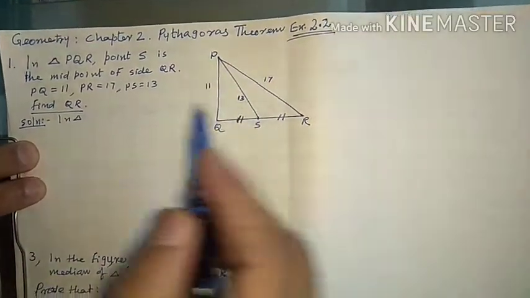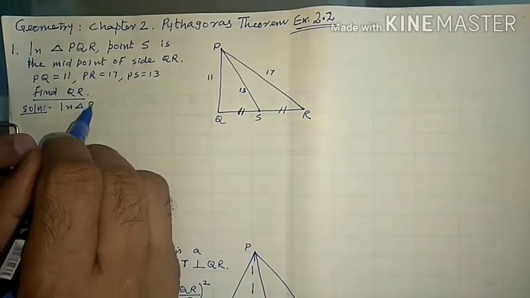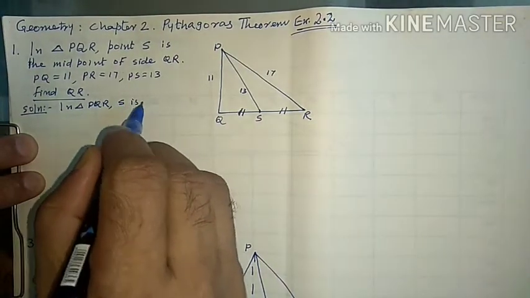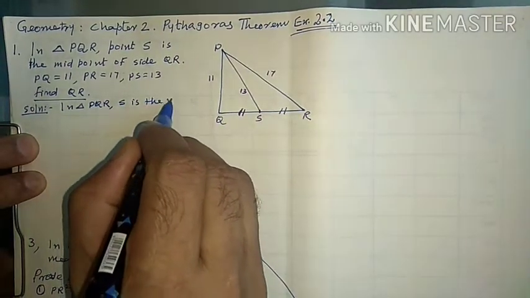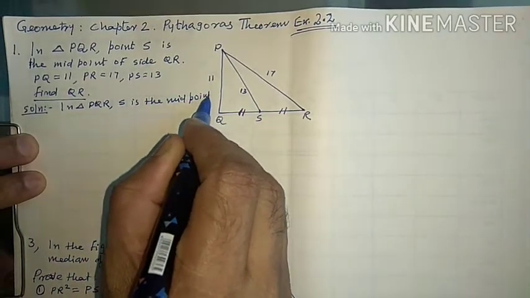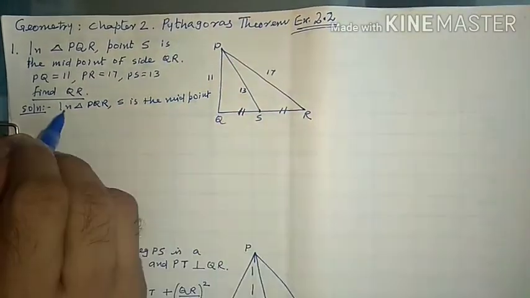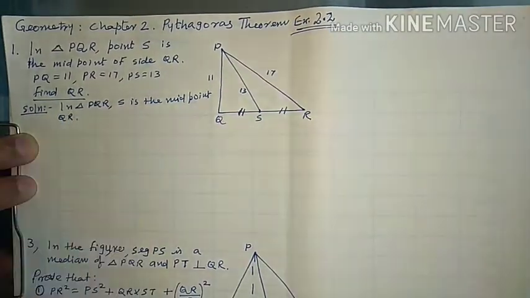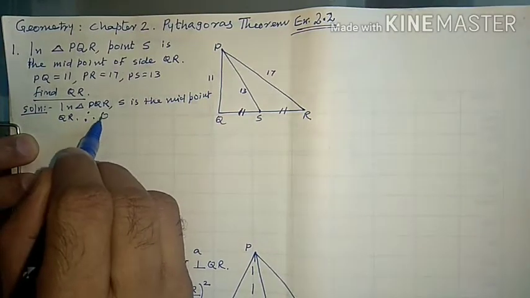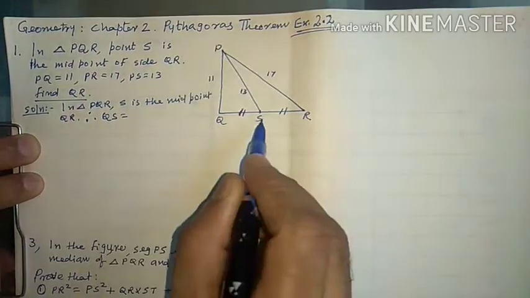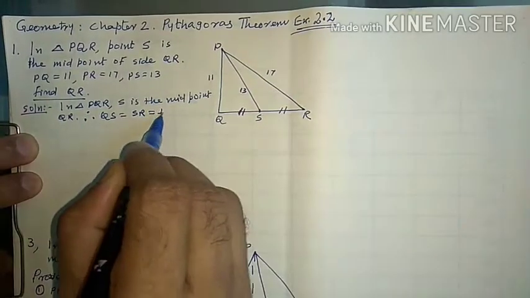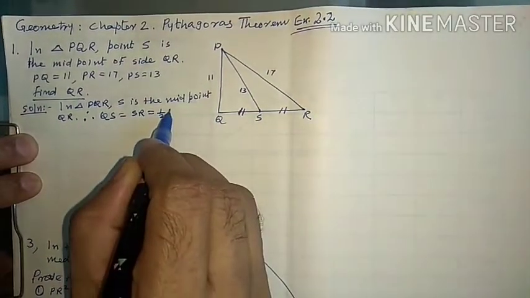In triangle PQR, S is the midpoint of QR. Therefore, QS is equal to SR equal to half of QR.